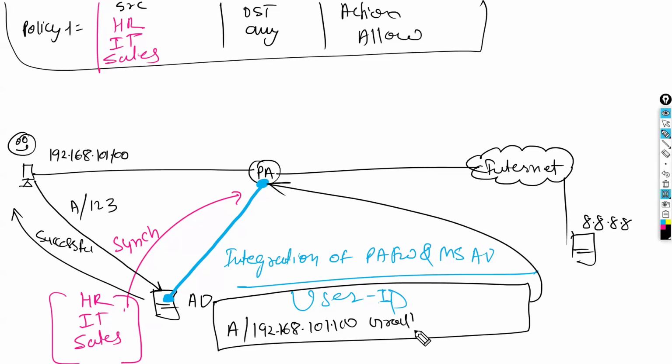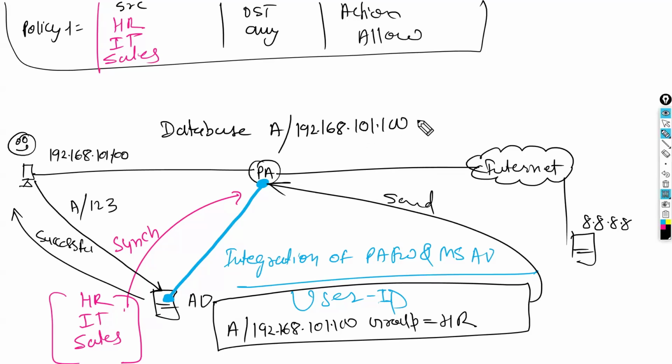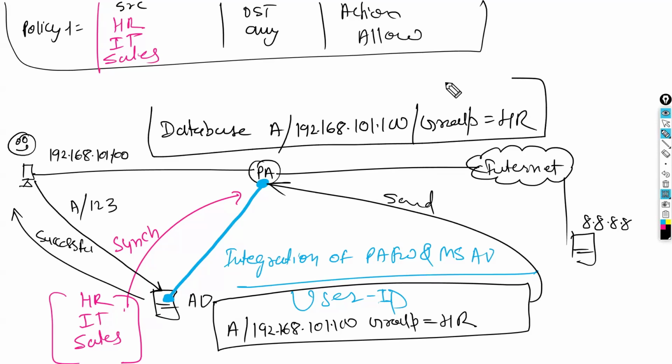Its group is HR. This information will be sent to Palo Alto. Yes or no? Now Palo Alto will create a database here like user A, which has IP 192.168.101.100, and it has group or AD group. It has which one? HR. Now Palo Alto has this database.